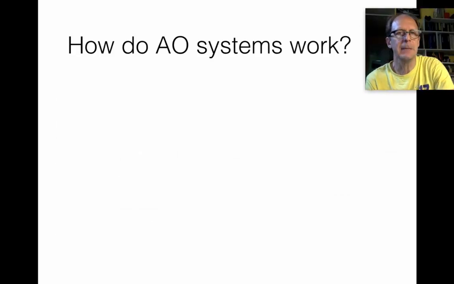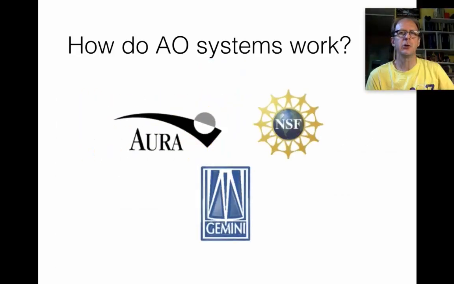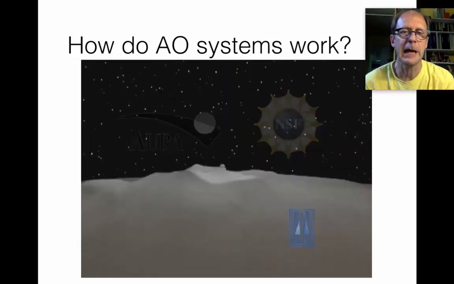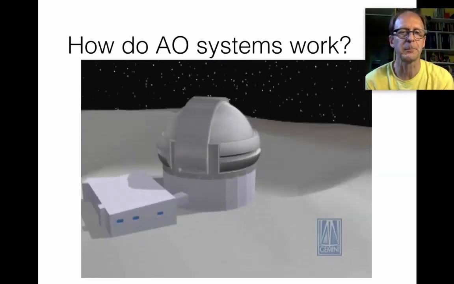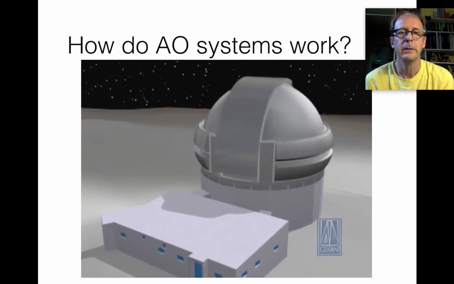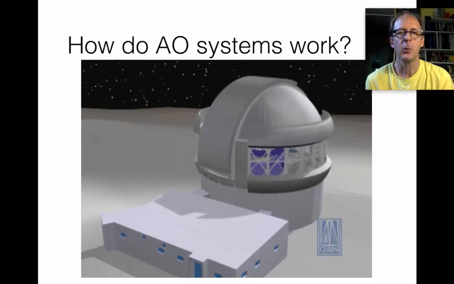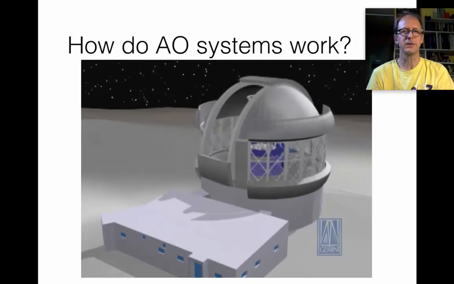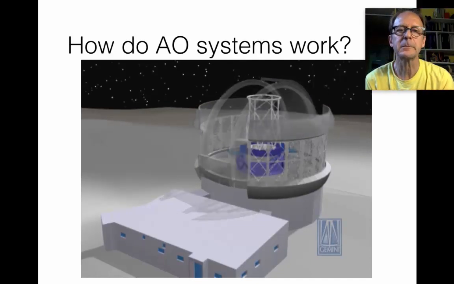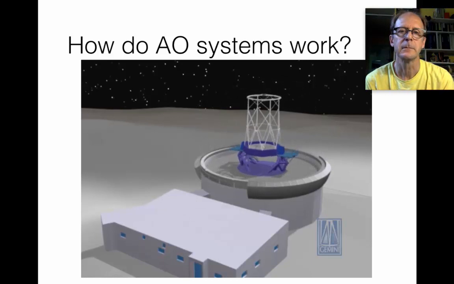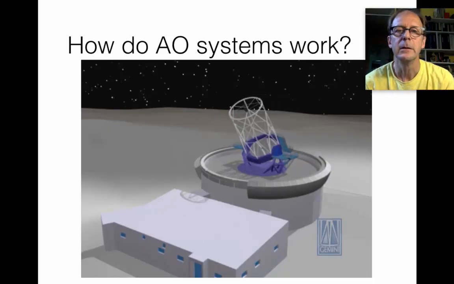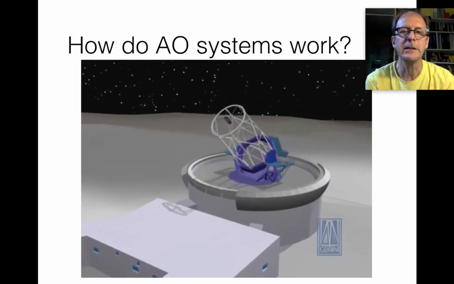Here is an animation that shows schematically how one of these systems works. Here's an observatory. It's going to peel away so we can look at the telescope itself. Real quick, what kind of telescope is this? If you said a Cassegrain telescope, you are correct.